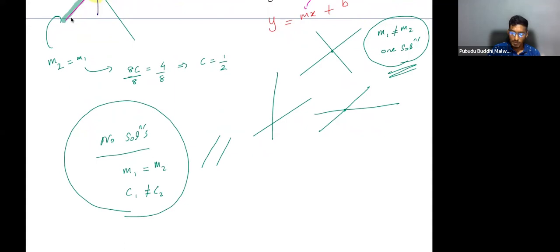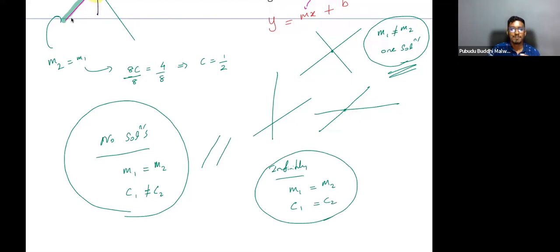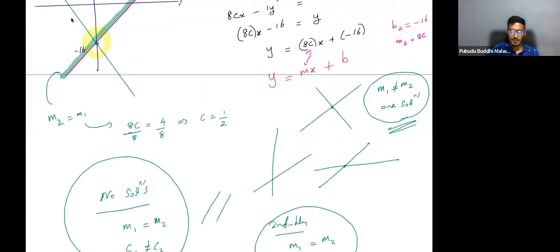But for infinitely many solutions, M1 should equal M2 and the y-intercepts should also be equal. Basically the same line, right? Because if the slope and y-intercept are equal, we are talking about the same line. So focus on these three cases. To solve these problems, you should create the y equals mx plus b form.